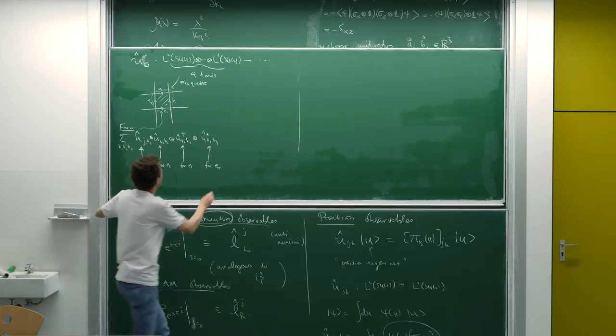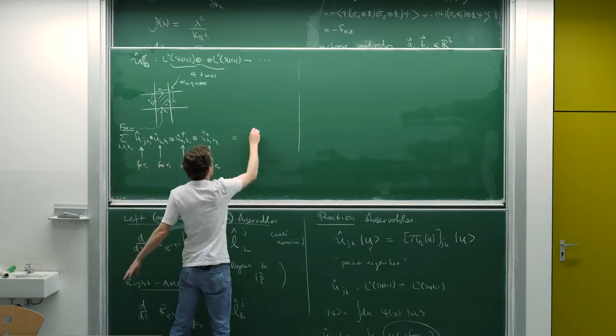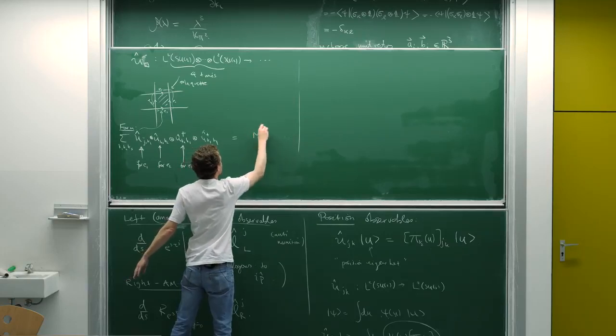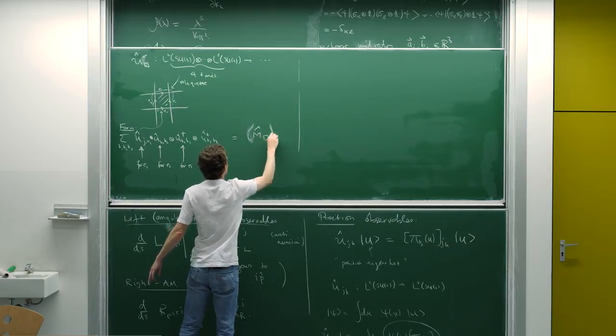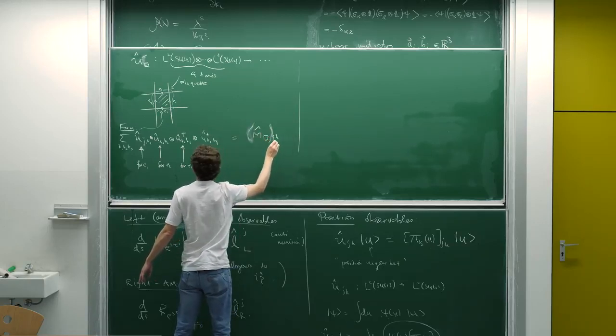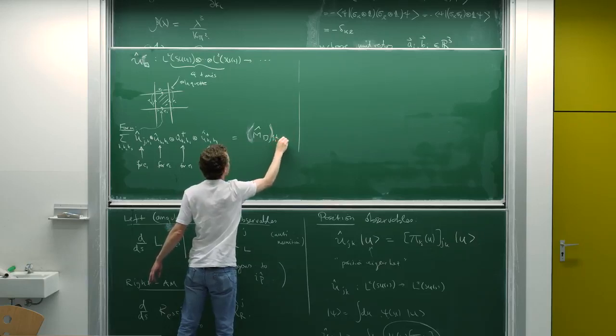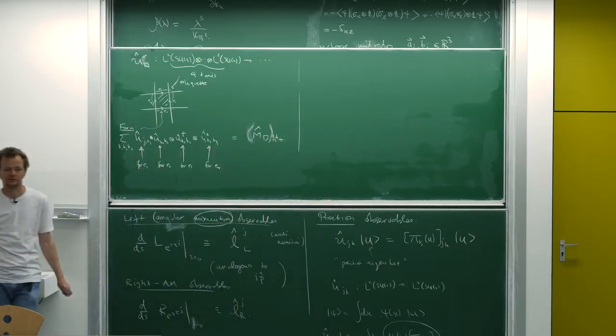I don't know what to call this operator. Let's call it, I don't know, M plaquette hat, comma J1 K4. Those are the two variables that aren't yet summed over.